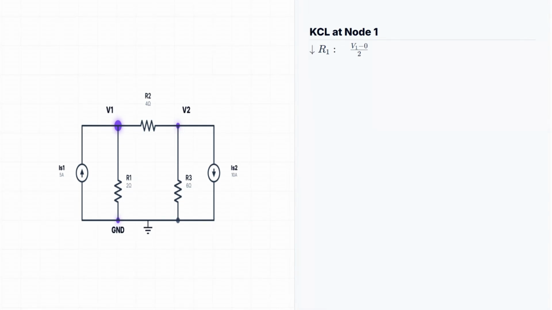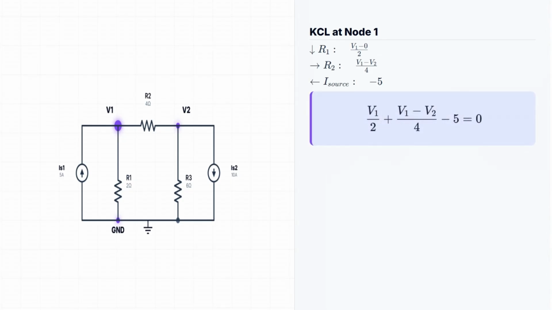The current going right through R2 is (V1 minus V2) divided by R2. The current generated by the source is entering. Since we sum currents leaving, we write minus 5 amps. So our equation is V1 over 2 plus (V1 minus V2) over 4 minus 5 equals 0.